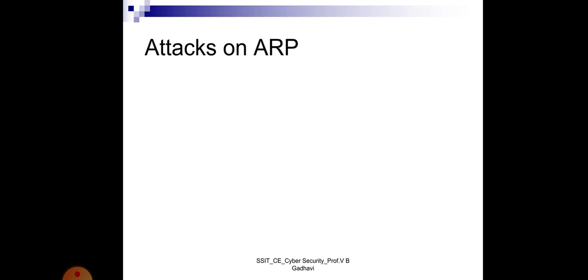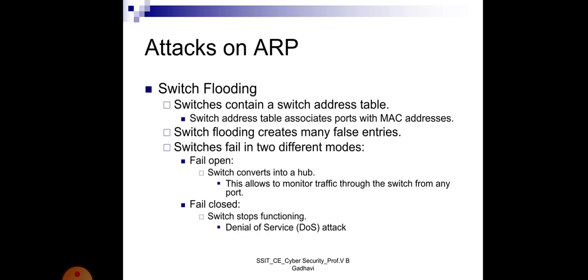Attacks on ARP. The first one is switch flooding, in which switches contain a switch address table that associates a port with a MAC address. Switch flooding creates many false entries.